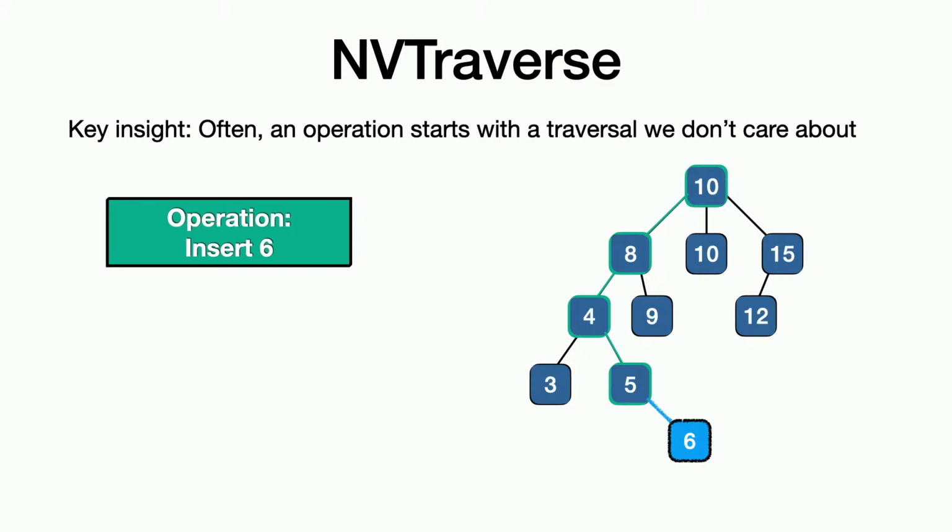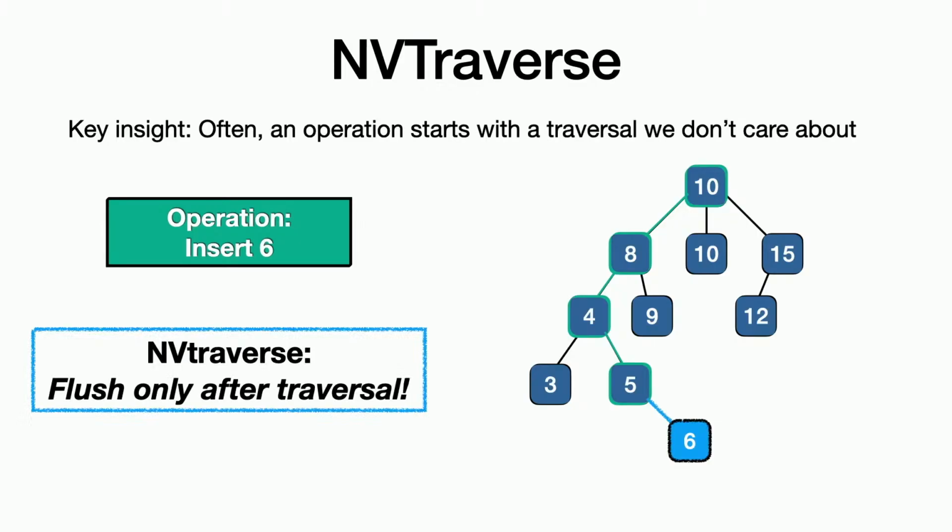It didn't affect my traverse at all, right? So I don't actually have to persist everything I see because the specific values that I read don't matter. Okay. So that's the high level, the intuition for what we did with NV Traverse. The idea being, let's traverse without doing any flushes, and when we get to the key place we modify, that's when we'll start persisting everything.